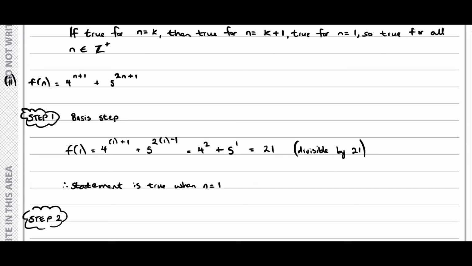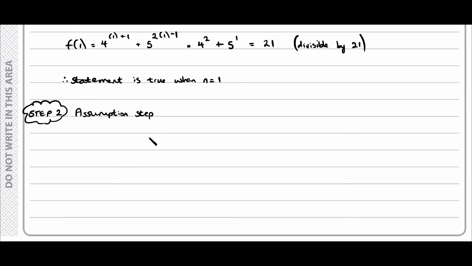For step 2, that's our assumption step. And with our assumption step, we will assume over here that the result is true when n equals k.